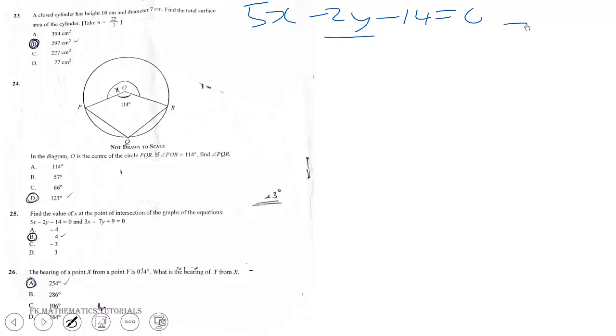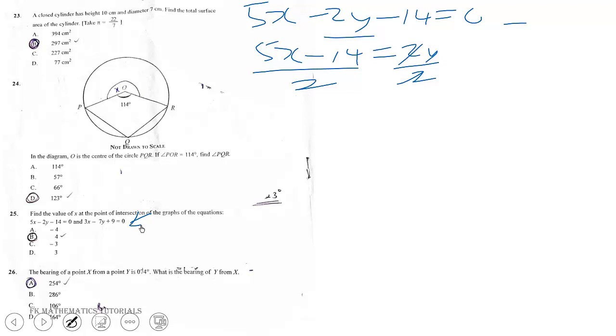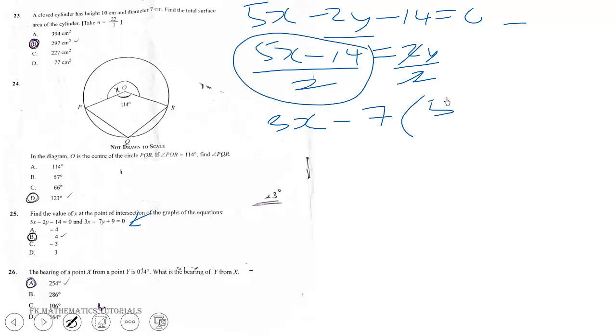Sending the y to the right hand side, I get 5x minus 14 is equal to 2y. So dividing both sides by 2, I get y equals 5x minus 14 over 2. So I'm going to put this into the second equation, 3x minus 7y. Wherever I see y, I put this expression here, 5x minus 14 over 2.